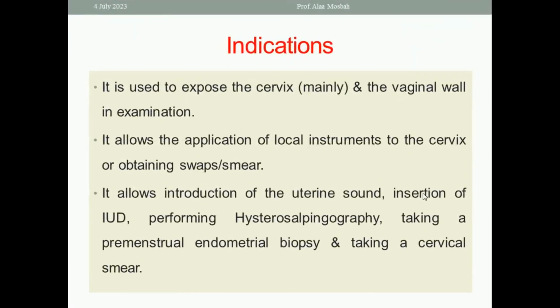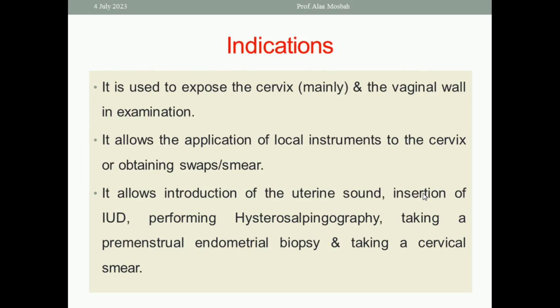What is the indication of this self-retaining metal vaginal speculum? Okay, it is used to expose the cervix, mainly the cervix, and the vaginal wall during examination, but mainly the cervix.